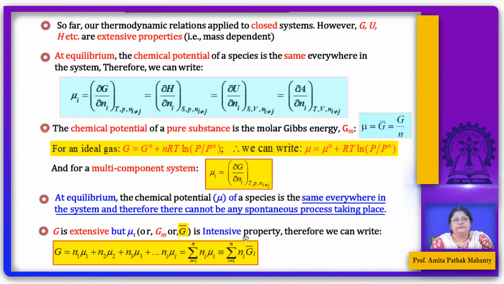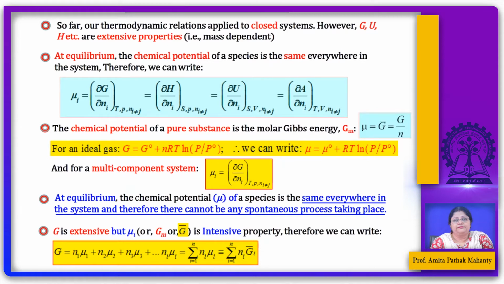So we summarize the properties of it. For the thermodynamic relations applied to the closed system, G, U and enthalpy are all extensive properties. They depend on the mass. At equilibrium, the chemical potential of a species is the same throughout the system.